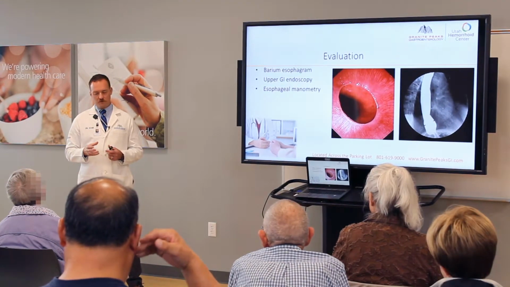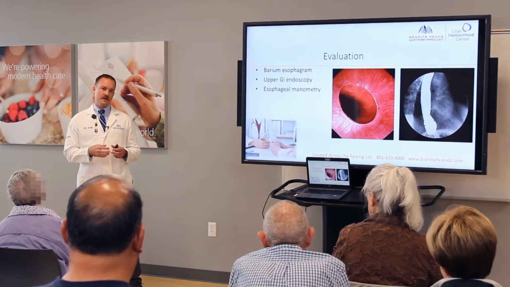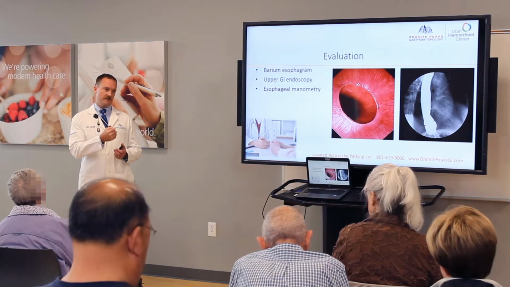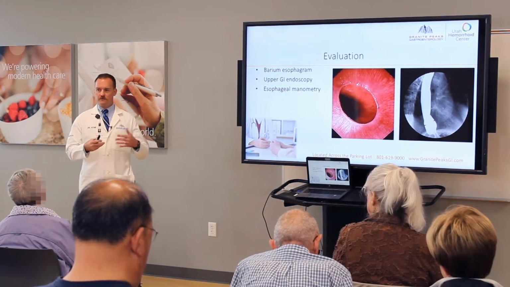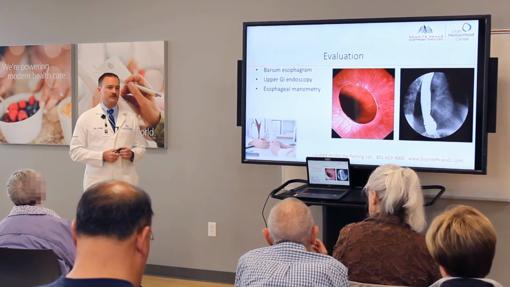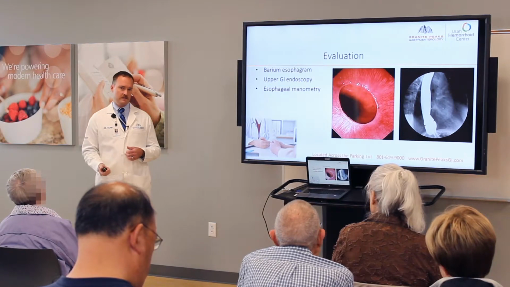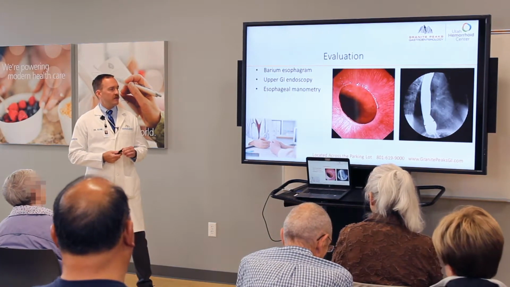The balloons are attached to a recording device that measures the pressure your esophagus muscles are generating. If your esophagus is normal, it'll show the normal contractility that's supposed to happen, or it doesn't. That test we use often.